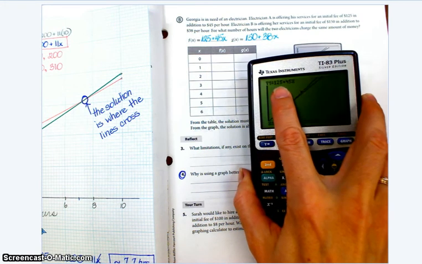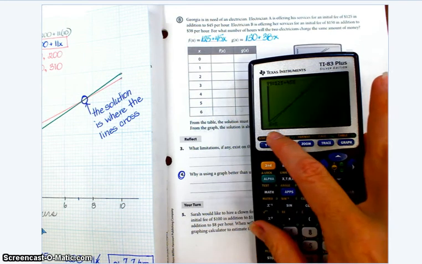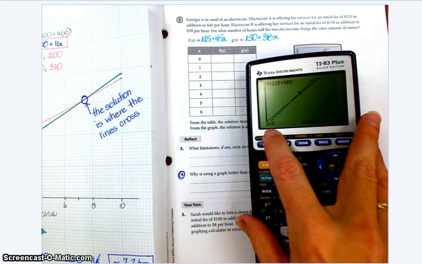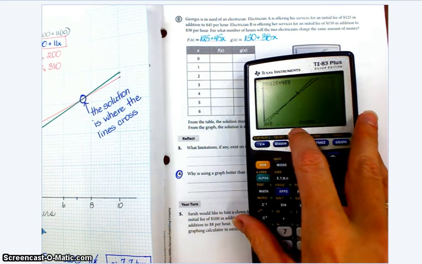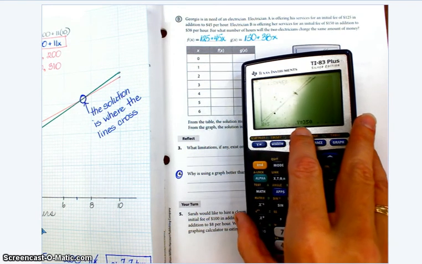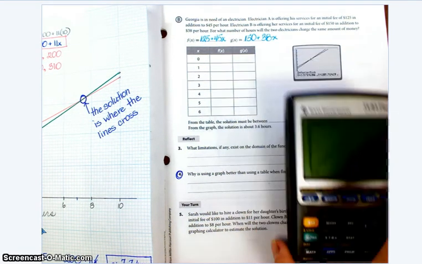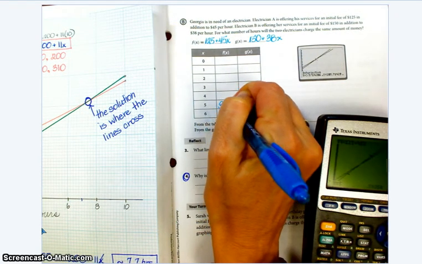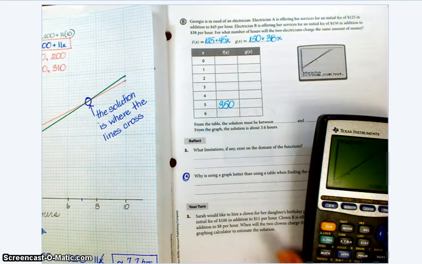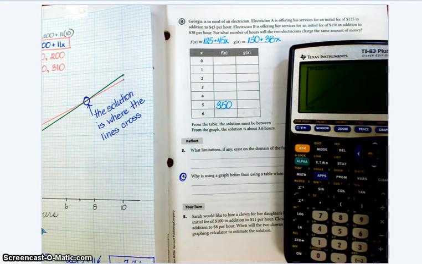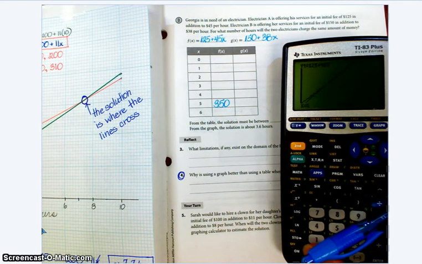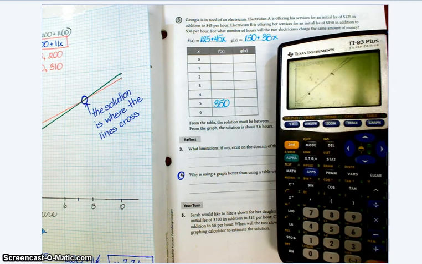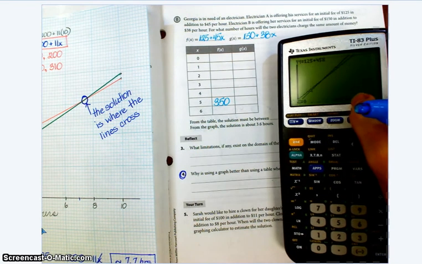Okay, so it says it right there. And down here, the little blinking cursor is at an x value of 5, which corresponds to a y value of 350. Okay. And if I want, I can put in 0 for x. And that gives me a y value right there of 125.